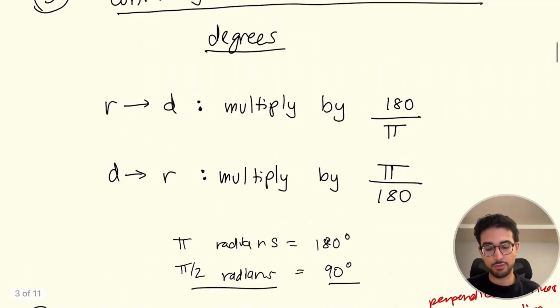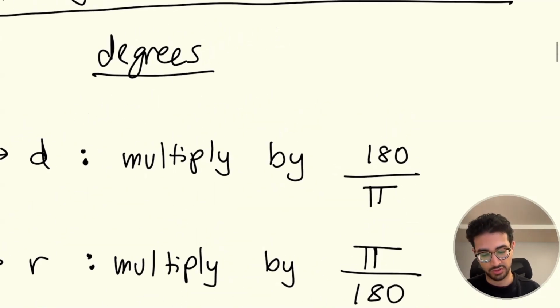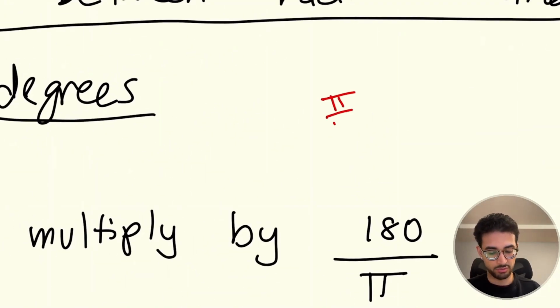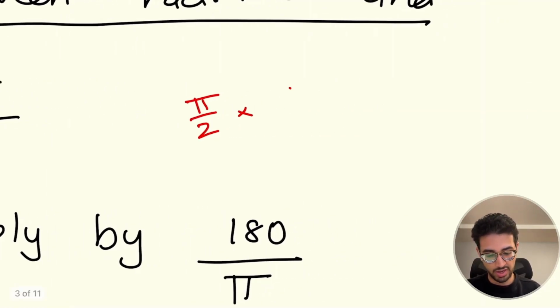So I have really bad memory, so I figured out a way to always know which one to multiply by, since I tended to mix them up in my own studies. But say we have radians, right? We have, for example, something like pi over 2 radians, right? And I don't know if I want to multiply by 180 over pi or pi over 180, right?